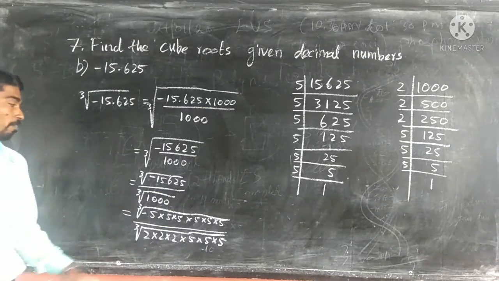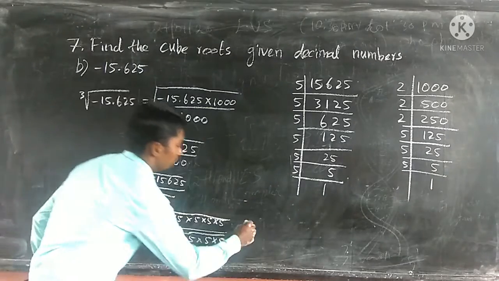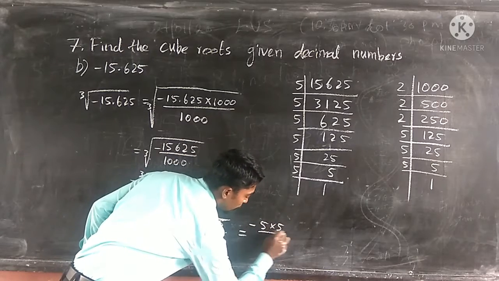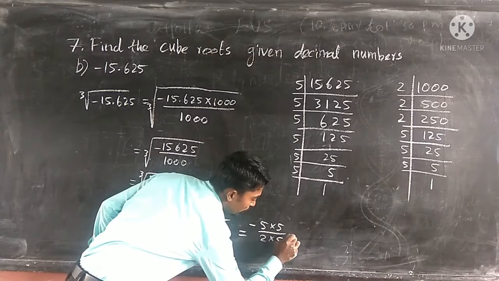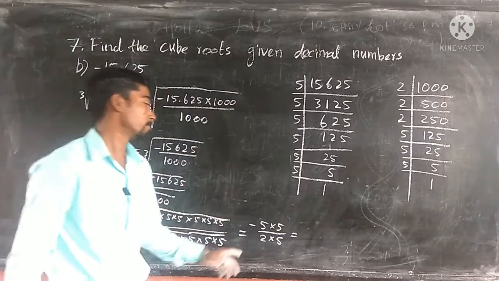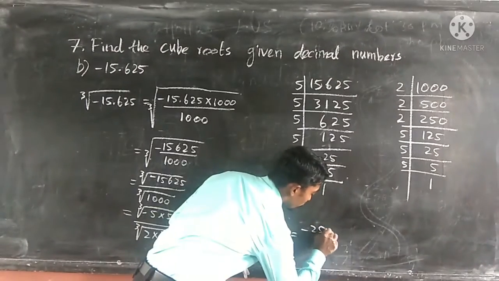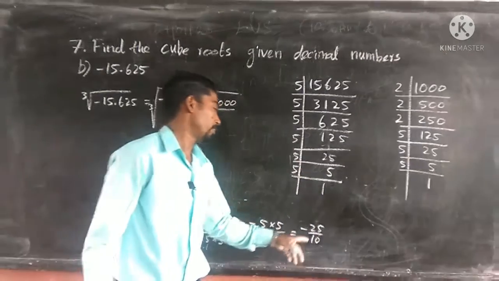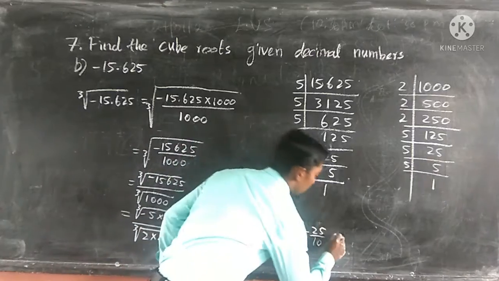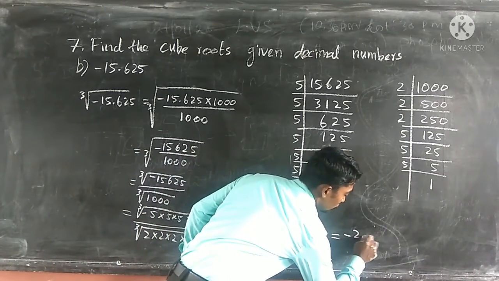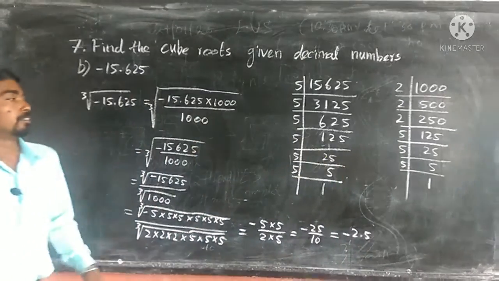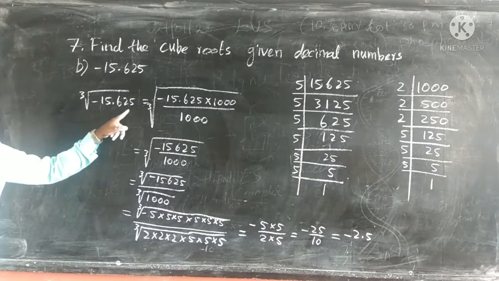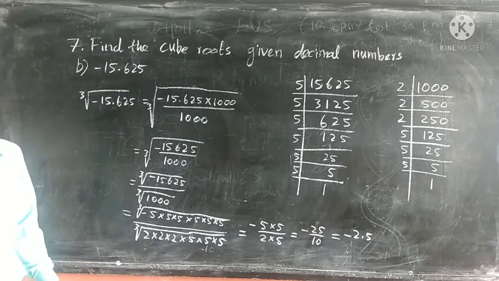Taking one factor from each triplet, we get minus 5 into 5 divided by 2 into 5, is minus 25 by 10. If we divide 25 by 10, we will get minus 2.5. Therefore, cube root of minus 15.625 is minus 2.5.